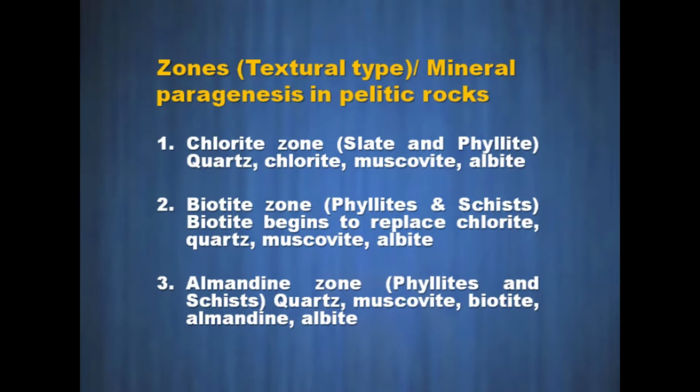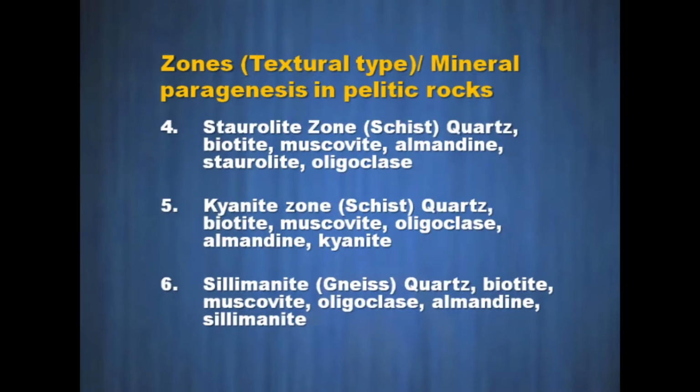Almandine zone: phyllite and schist; quartz, muscovite, biotite, almandine, albite. Staurolite zone: schist; quartz, biotite, muscovite, almandine, staurolite, oligoclase. Kyanite zone: schist; quartz, biotite, muscovite, oligoclase, almandine, kyanite. Sillimanite zone: gneisses; quartz, biotite, muscovite, oligoclase, almandine, sillimanite.